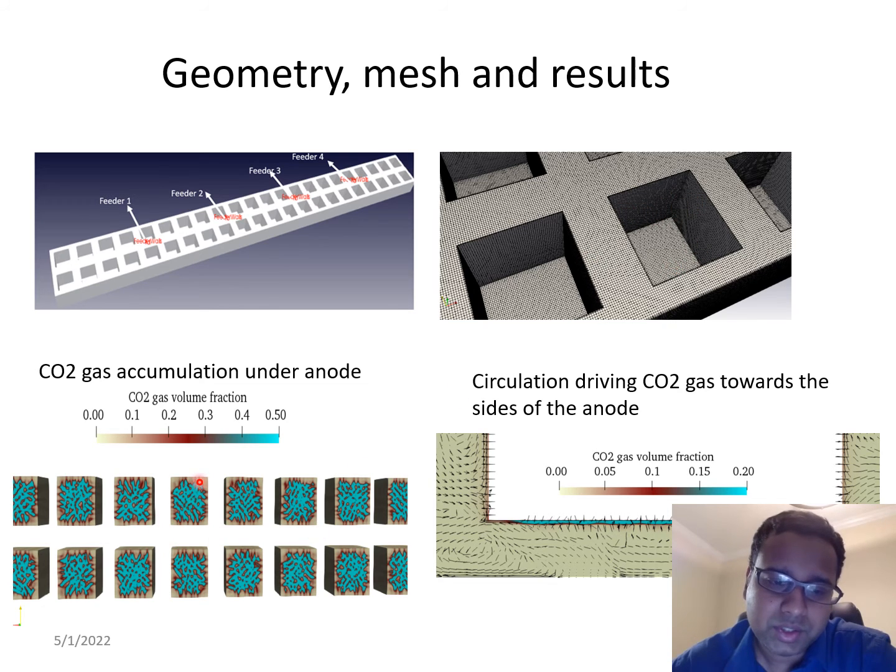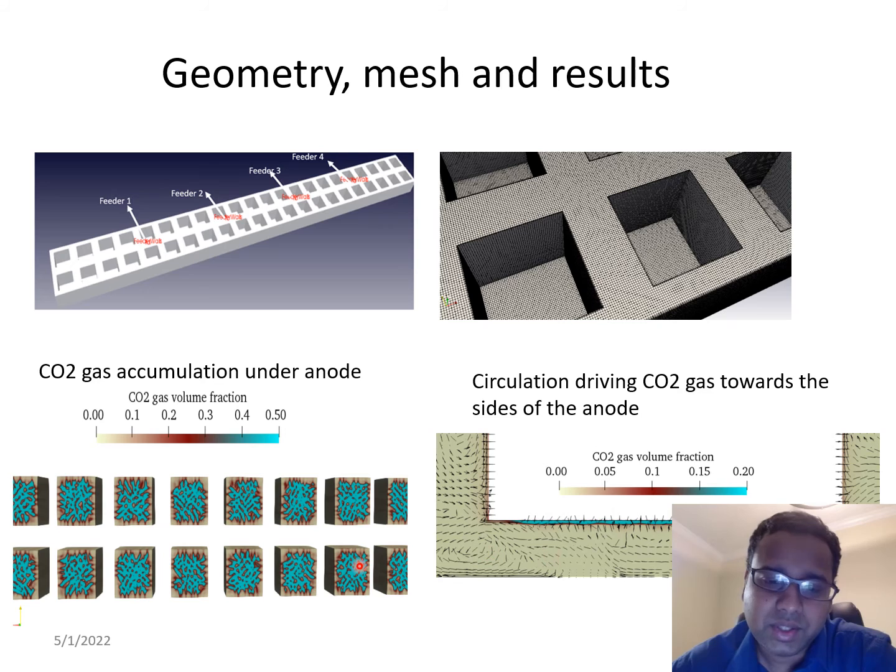On the bottom you can see the gas accumulation predicted by the LES simulation. So large CO2 gas accumulation on the anode bottom is not desired, because that's going to increase the resistance for the current, that's going to increase the energy consumption. So this profile could help improve the design.